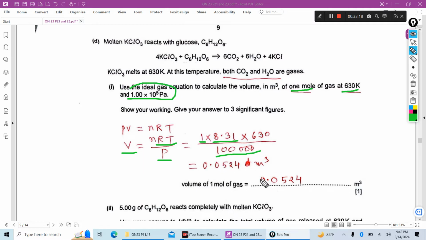If you calculate, you get volume of 1 mole of gas 0.0524 meter cube.